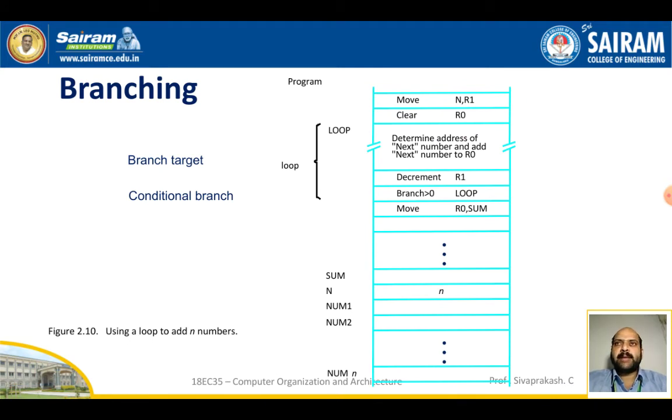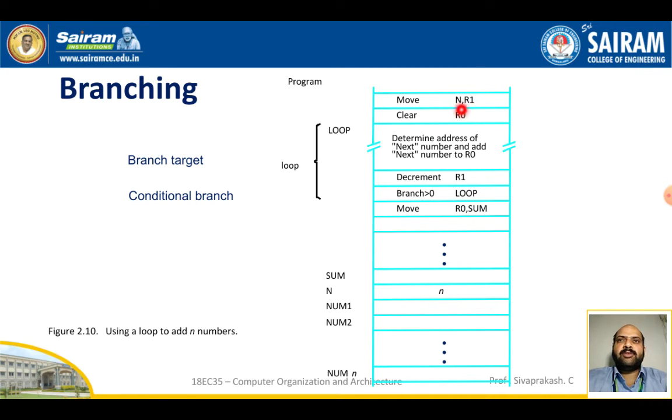Let us see one more example. The number of entries in the list, n, is stored in memory location n, whereas register R1 is used as a counter to determine the number of times the loop is executed.